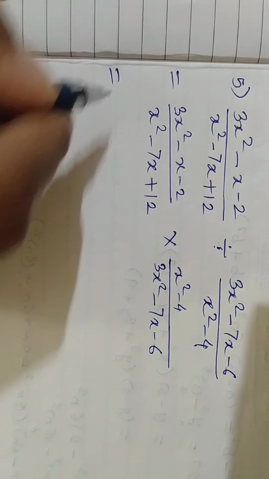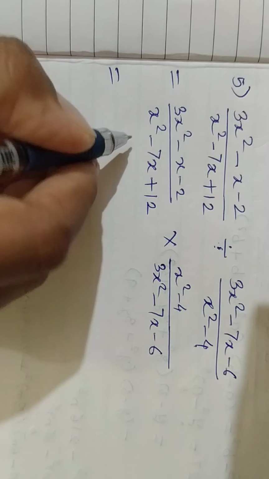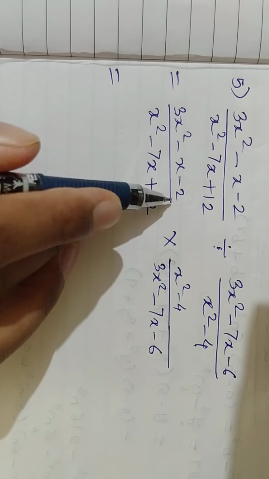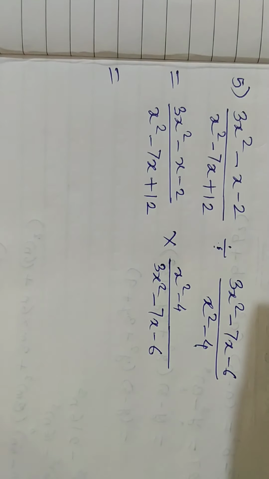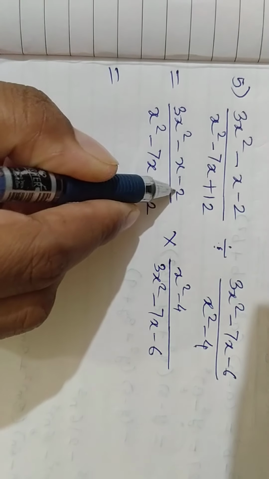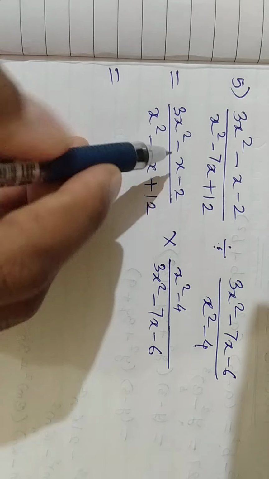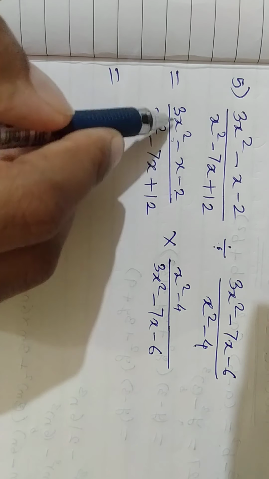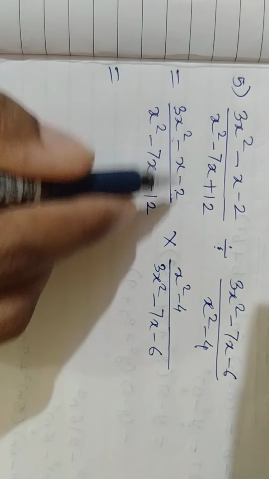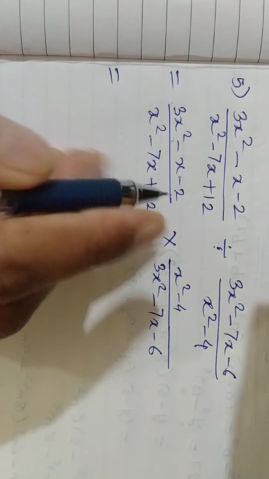Now we'll see which formula we can use here. See the first one, 3 2s are 6, minus 6, you have to factorize like this. So the factors will come: 3 2s are 6, minus 3 and plus 2.